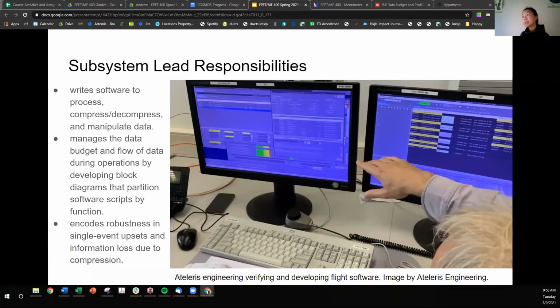Other subsystem lead responsibilities include to write software to process, compress, decompress, and manipulate the data. Cosmos itself is a baseline flight software architecture where for your payload, one of the tasks we're going to do later on in the semester is for you to write your own payload script.